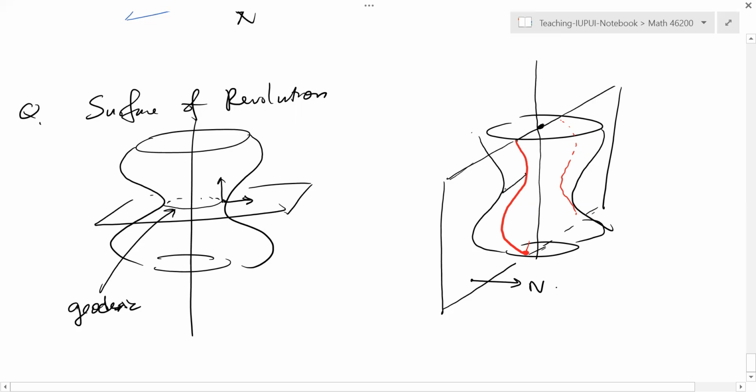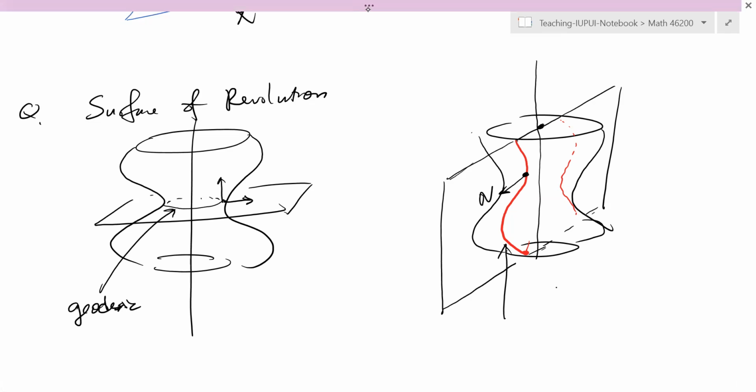I'm pretty sure the normal vector to the surface at that particular point lies in the plane. If you can show that, then that's two perpendicular normals, right? Can you see that? Okay, so the normal vector to the surface at that particular point lies in the plane. If you can see that, then this is a geodesic.